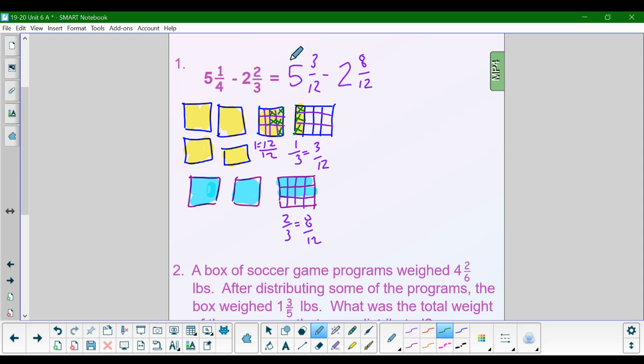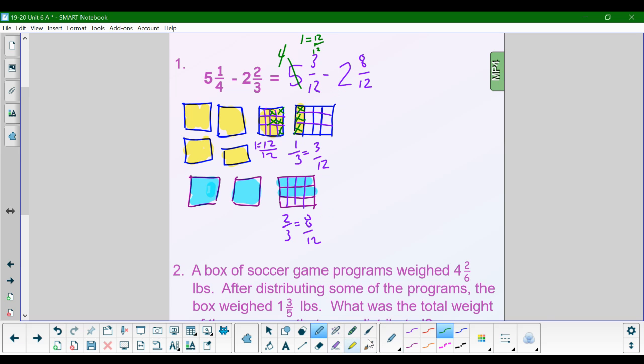So what I've done is I've borrowed 1. I have 4 left, and that 1 became 12/12.